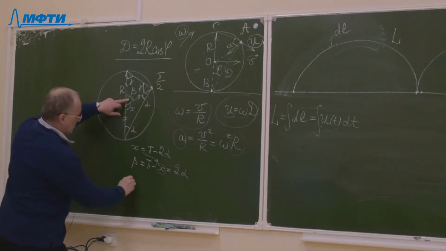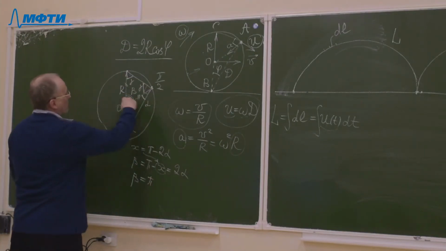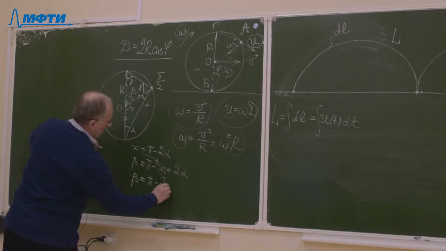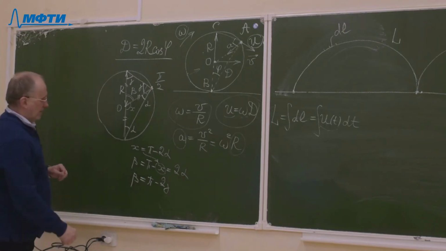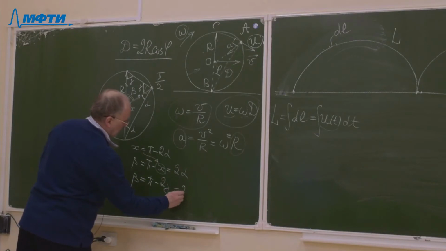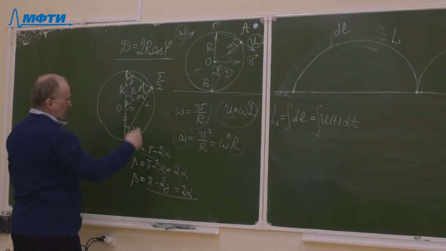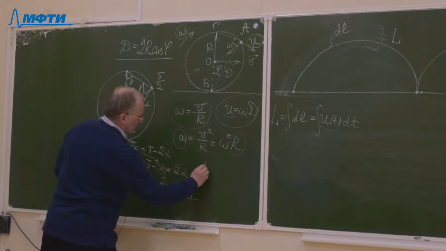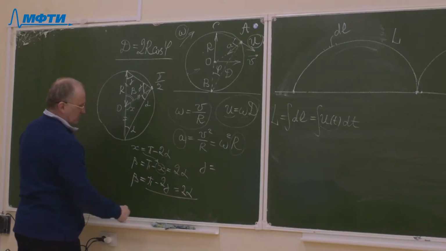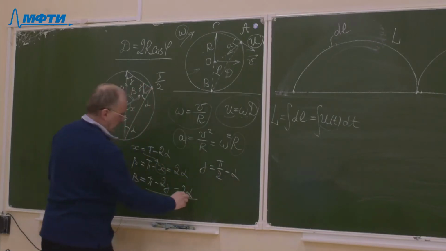So beta can be expressed as pi, the total sum of the internal angles, minus 2 gamma. And we know that beta equals 2 alpha. And therefore from here we can obtain gamma. Gamma from here will be what? Pi minus 2 alpha divided by 2. So it will be pi over 2 minus alpha.